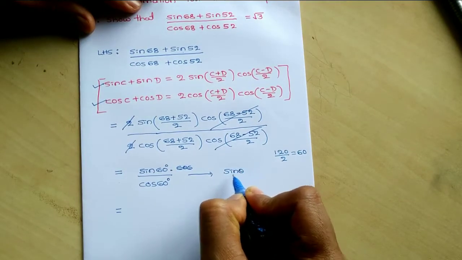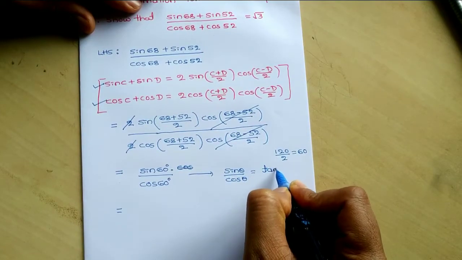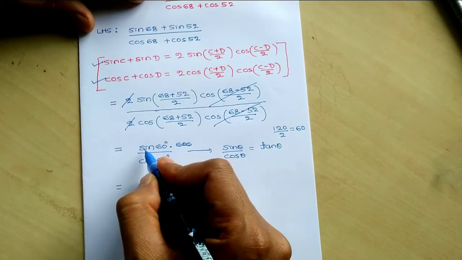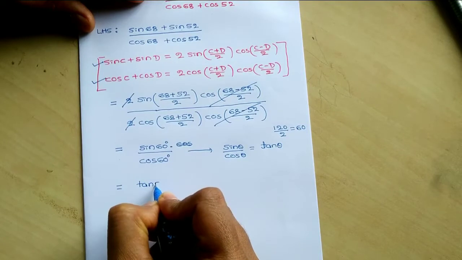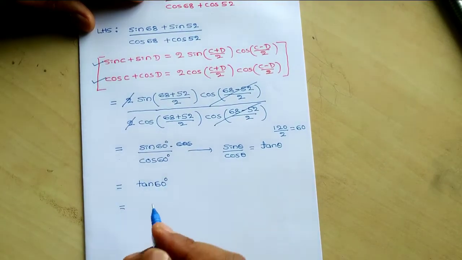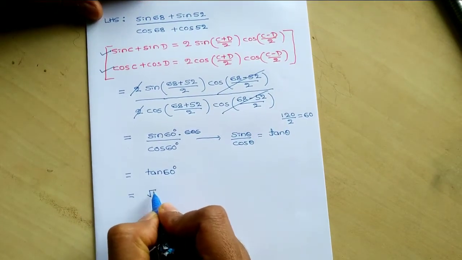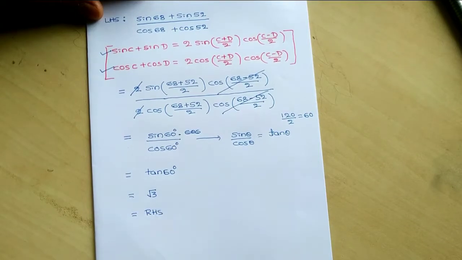Sin theta divided by cos theta is tan theta. Therefore, both angles are the same, so sin 60 divided by cos 60 goes to tan 60 degrees. Again see the trigonometric standard table, in that the tan 60 degree value is root 3, which is equal to the right hand side.